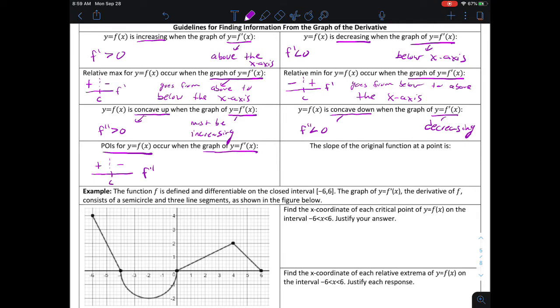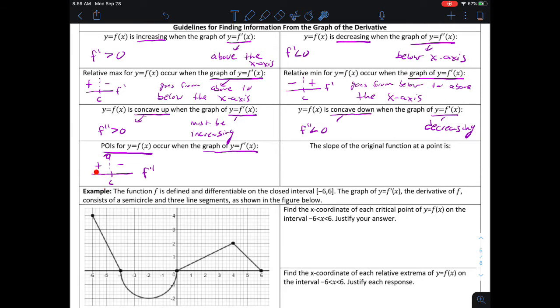Now, f of x will have a point of inflection where the second derivative is equal to 0 or nonexistent, and we have a sign change from positive to negative or negative to positive. What does that mean in terms of the graph of the first derivative? Well, x equals c will be a critical number of the first derivative, because the second derivative is the derivative of the first.